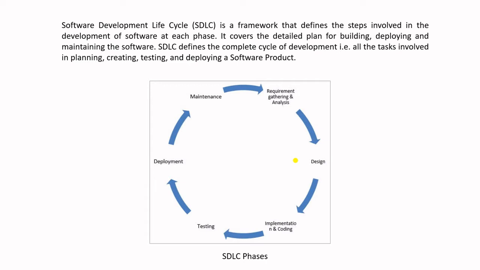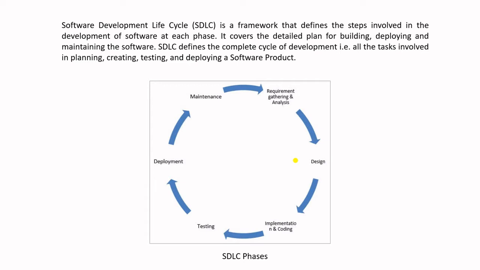It covers the detailed plan for building, deploying and maintaining the software. So SDLC defines the complete cycle of development. That is, all the tasks involved in planning, creating, testing and deploying a software product.